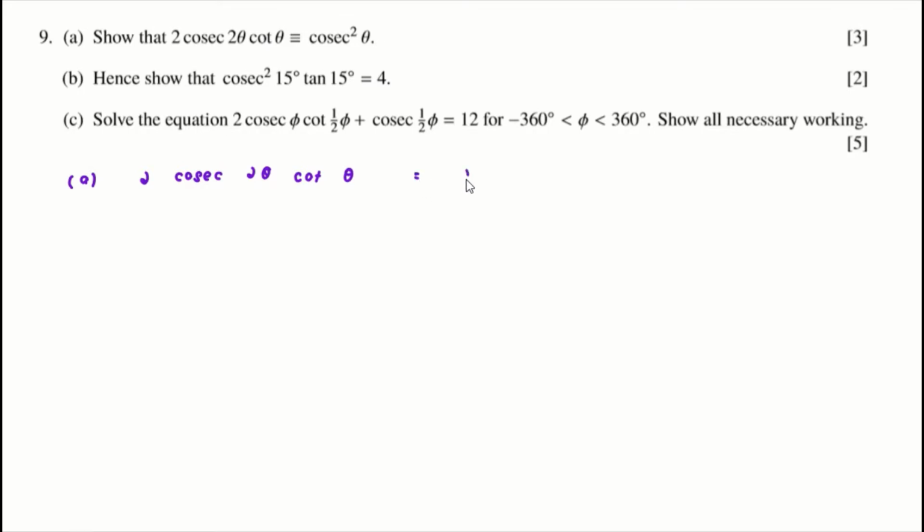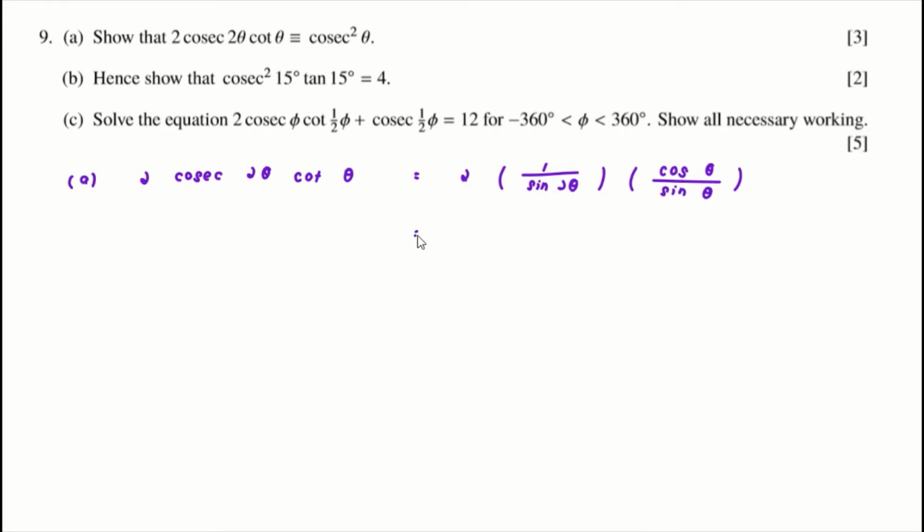So in this case we have 2, then sec 2θ is 1 over cos 2θ. Cotangent, you can change to cos over sine, because you can see it doesn't have any tangent anymore. So cos over sine.